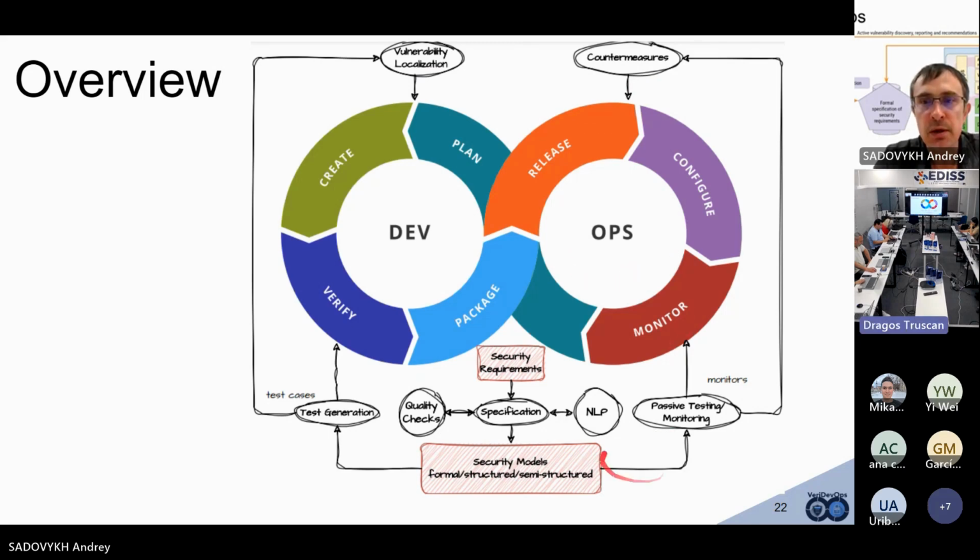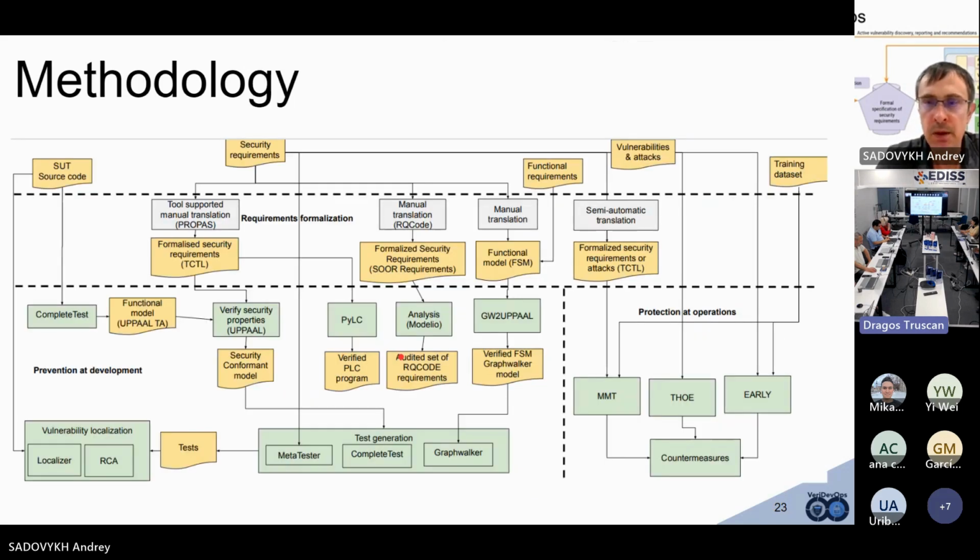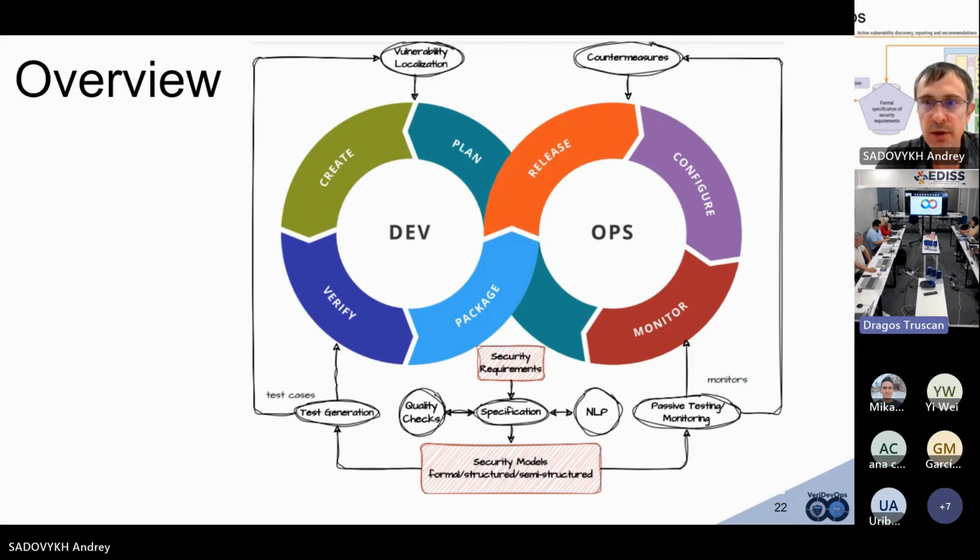This information can also serve to generate specific test cases to prevent specific things from happening, to localize errors, the causes for anomalies, and localize vulnerabilities, and put these tasks in a backlog for development so that developers address them in the development phase. Right. Okay. So this is the overall picture, which is very classical.